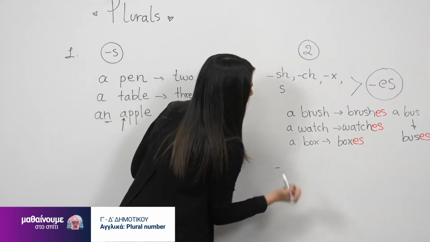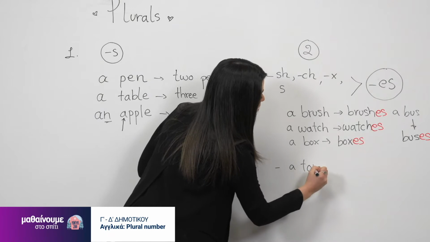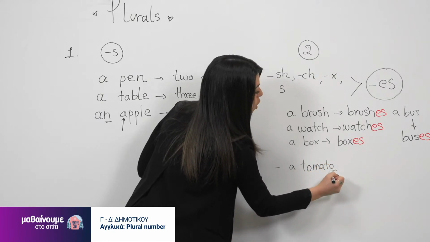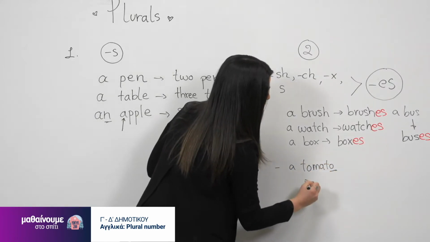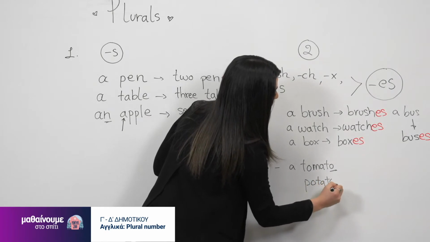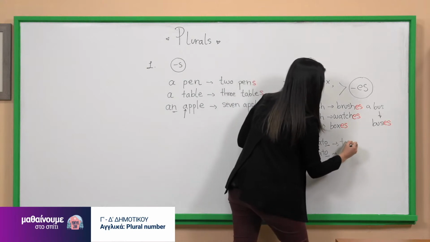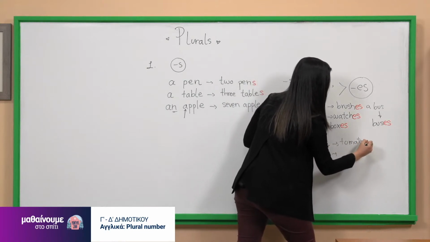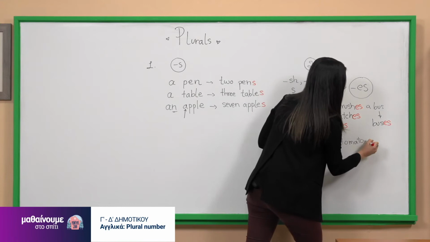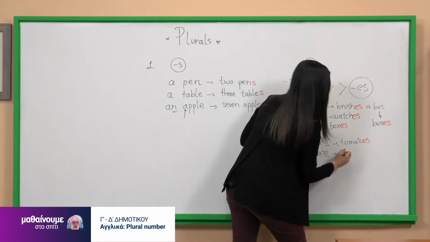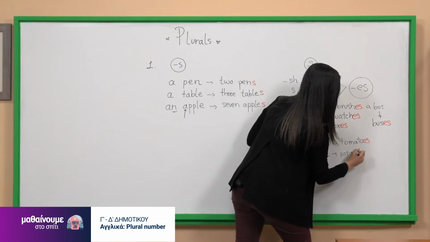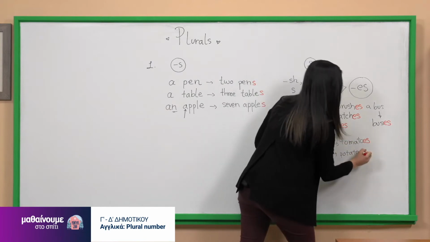Let's see the basics, though. A tomato ends in O, okay? Or a potato. They become tomatoes with ES again, and potatoes with ES.